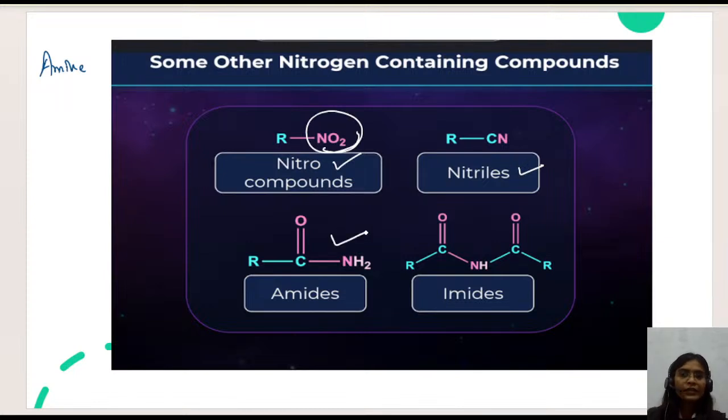And this is amide again, and this is imide. So in this chapter we are going to discuss nitro as well, cyanide part as well, amide as well, and imide as well. But the main topic is going to be amine. Yes, you're right. So let's go back to what we were discussing. This is all for the nitrogen containing compounds.